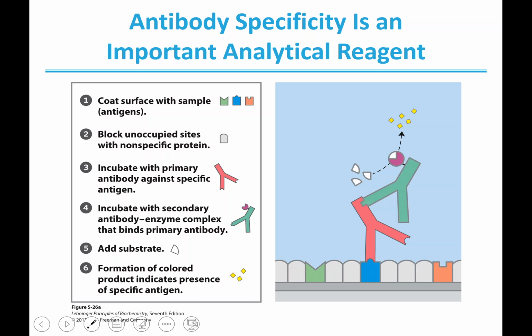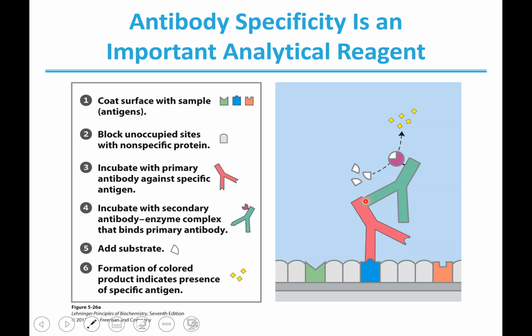That in itself wouldn't be very helpful, but then you incubate with what's known as the secondary antibody, and that antibody recognizes the primary antibody. In a sense, it's an antibody that binds to other antibodies.